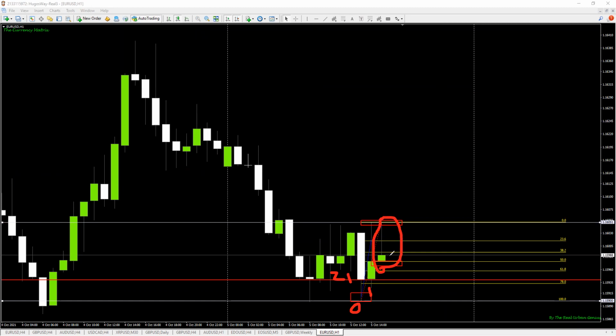And again, I believe this is going to come down here and smack this 0 and create a 0 all by itself. So then we'd have to start the count all over because this would no longer be the swing low. That makes sense?